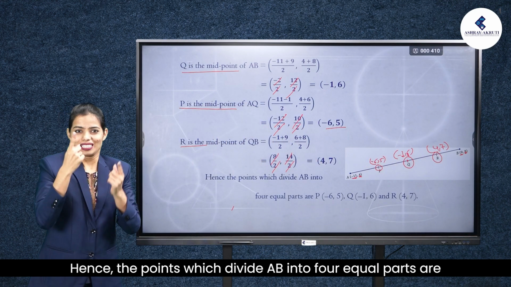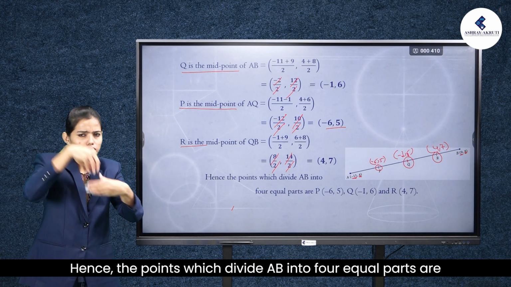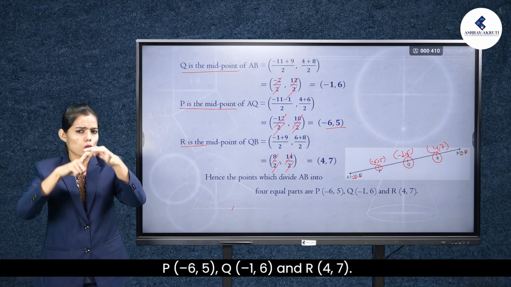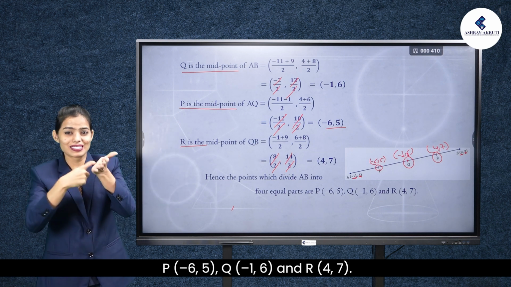Hence, the points which divide AB into 4 equal parts are P (minus 6, 5), Q (minus 1, 6) and R (4, 7).